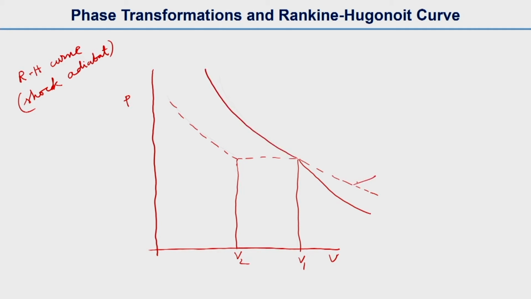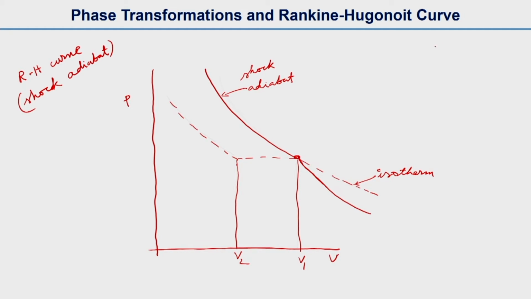So this dashed line is the isotherm, a constant temperature process, and this is the adiabat, or shock adiabat, that is the Rankine-Hugoniot curve. It may not be very clear from this diagram, but there will be a discontinuity at this point. You can see that this curve is not continuous like our earlier curve.